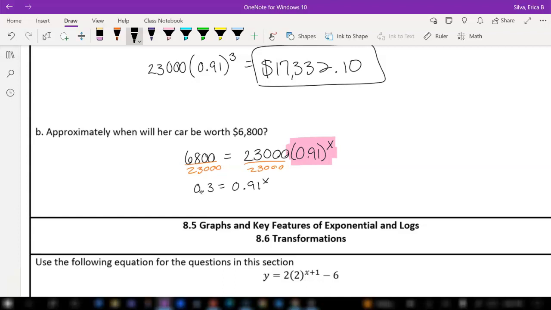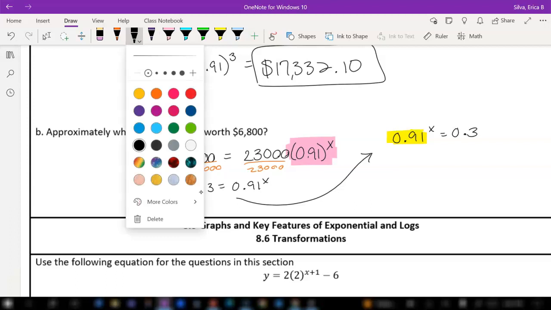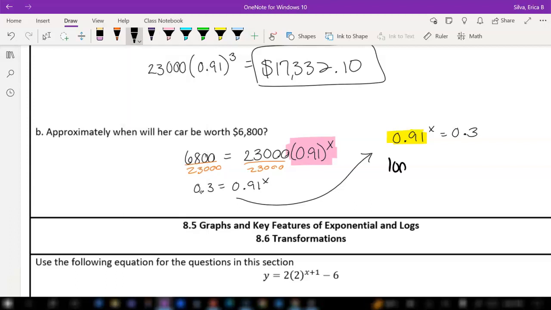I'm going to rewrite it up here, where we have the exponent on the right side, and then I'm going to convert this to log form. This is my base. So it is log base 0.91 of 0.3 is equal to x. We're going to plug this part into the calculator.